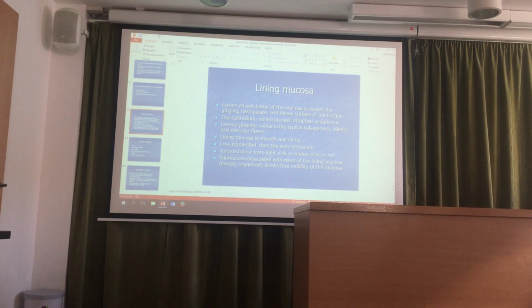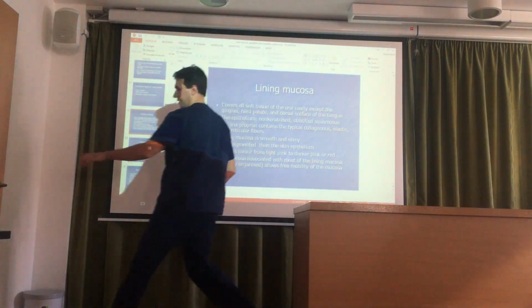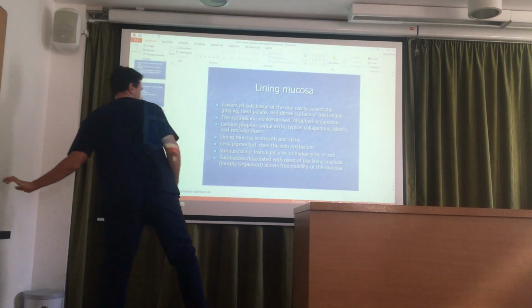Think about the hard palate: if you try to move it, it's non-movable, absolutely stable. The lining mucosa is smooth and shiny. You can often find small salivary glands in the lining mucosa, which keep the surface wet and cover it with saliva.